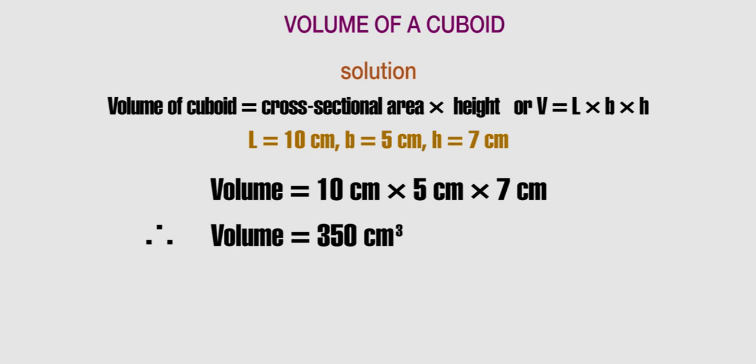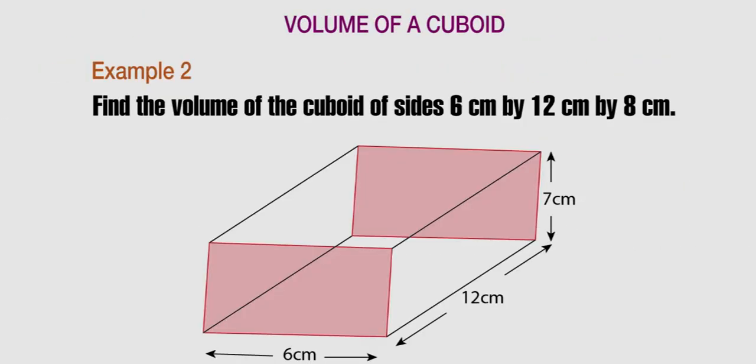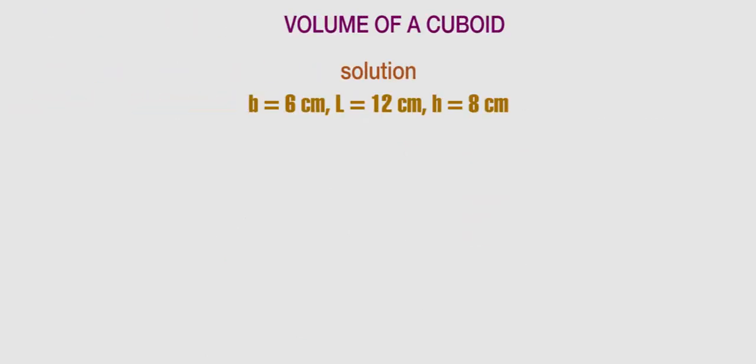Let's look at example 2. Find the volume of the cuboid of size 6 centimeters by 12 centimeters by 8 centimeters. Let's look at the solution. From the question, we have B equals 6 centimeters, L equals 12 centimeters, and H equals 8 centimeters.